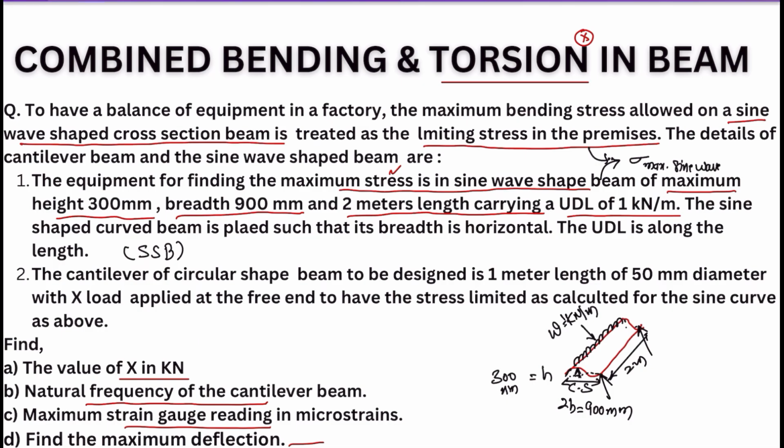This is the limiting stress for the second part of the problem. In the second part, we have another beam in the factory, with sigma maximum as defined in the first part from the simply supported beam. Why have I taken simply supported?